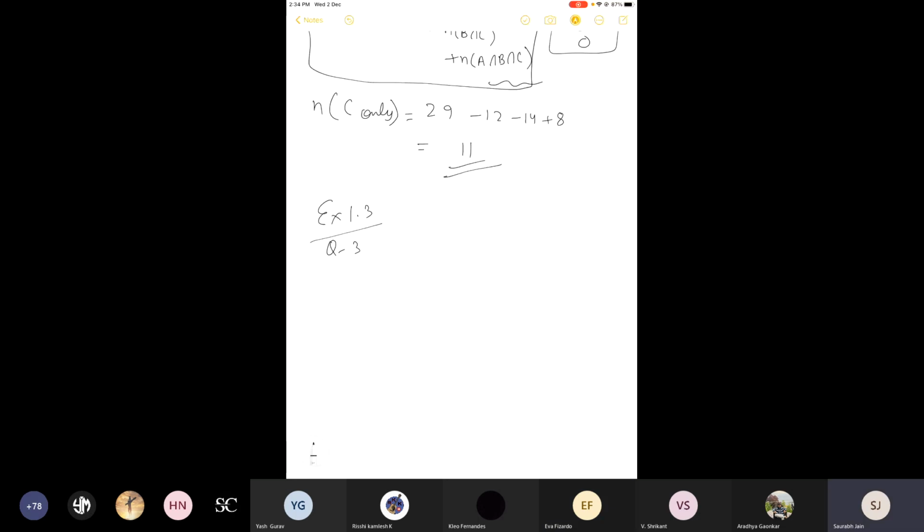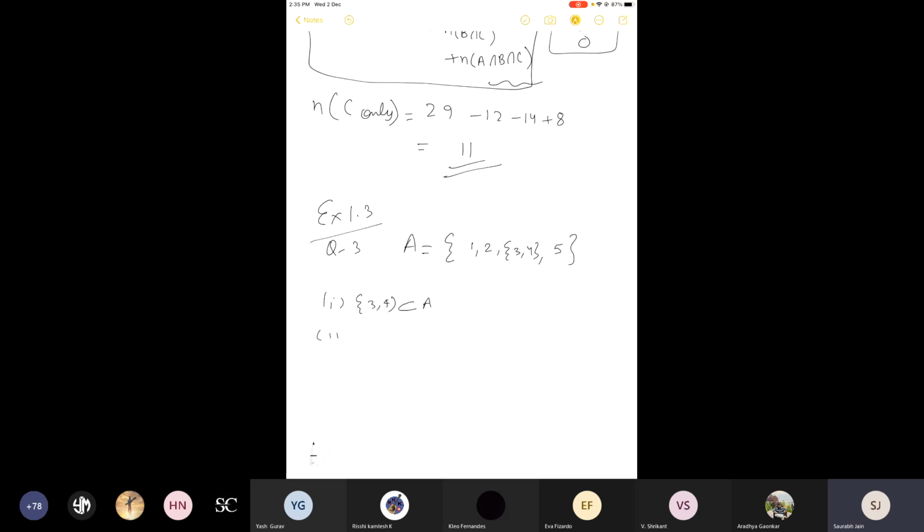See, in exercise 1.3 in the third question, they have given this set which is 1, 2, 3, 4 and 5. Based on this, there are some parts given. First is 3 comma 4, then this symbol is used.